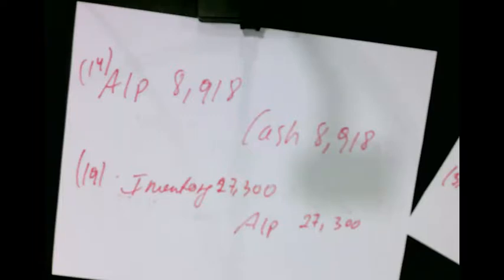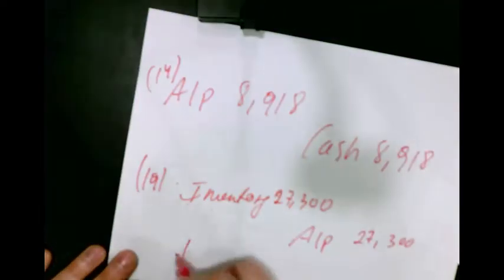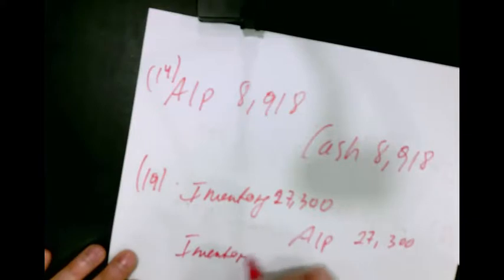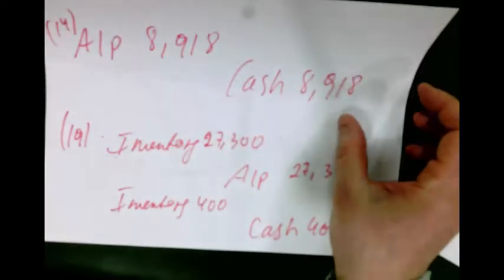It's freight in. So we simply need to add it to inventory. So we would be simply debiting inventory, additional $400, and paying cash, in this case, for $400. So that's on the 19th as well.